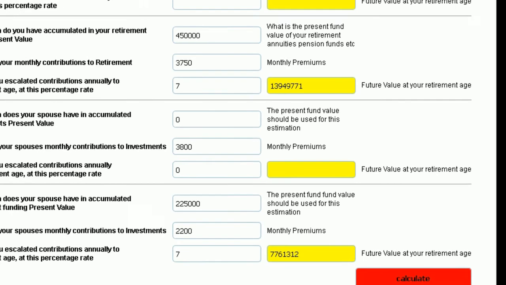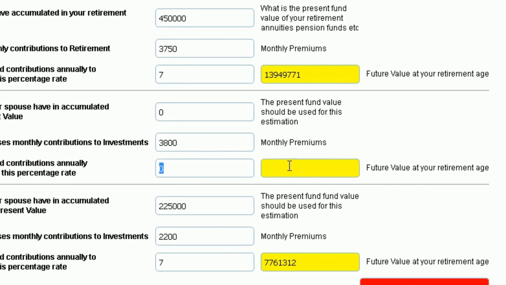3,800 Rand level premium, so it doesn't escalate every year, would result in 4.9 million Rand being available at retirement age 65. Mr. Soap doesn't want to pay a level premium. He'd rather start on a lower premium because it's better for his budget. So we then go and work out 1,510 Rand, increasing at 10% per year.